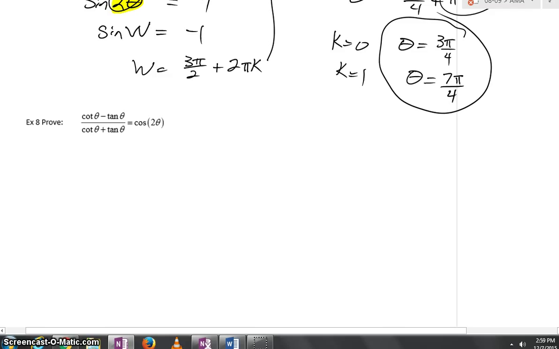I mean, fractions, cotangents, tangents. I think everybody would quickly say, yeah, that looks bad. Tell you what, knowing that I need to end as a cosine double angle, it's probably better at this point to break everything into sines and cosines.